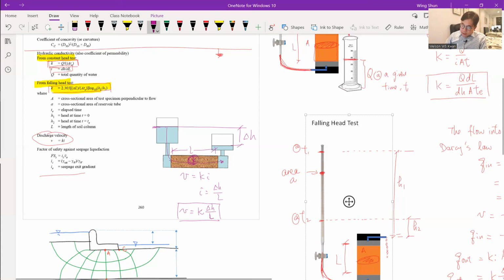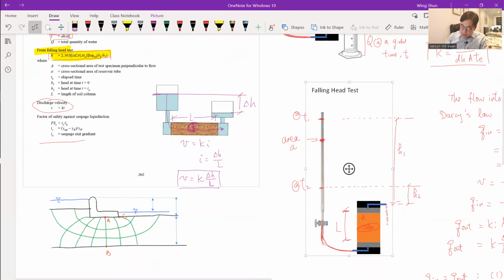And last but not least, in your FE manual, there are some more equations, including the factor of safety against seepage liquefaction. So what is soil liquefaction? Soil liquefaction is based on the effective stress concept.